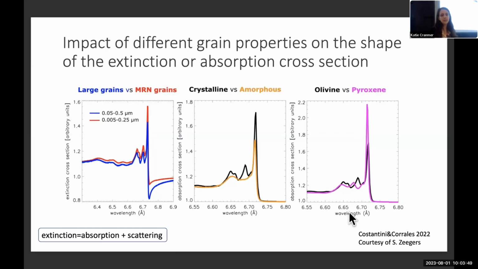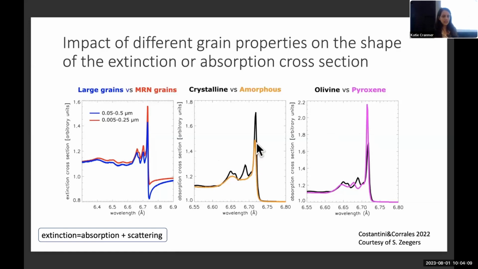So here in the last panel, we have two different types of dust chemistry, and we can see the difference in the XAFS pattern here, for example. In the middle panel, we see the same dust grain chemistry, but different crystallinity. We have crystalline versus amorphous dust.